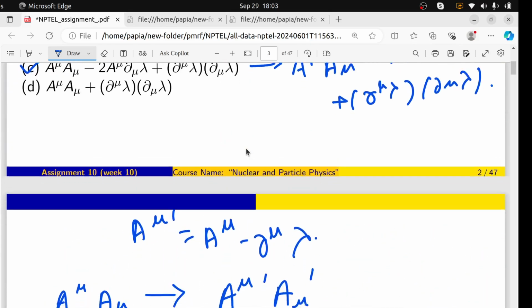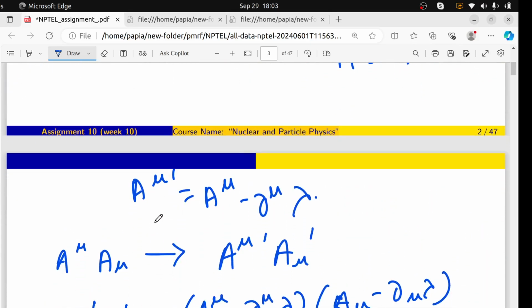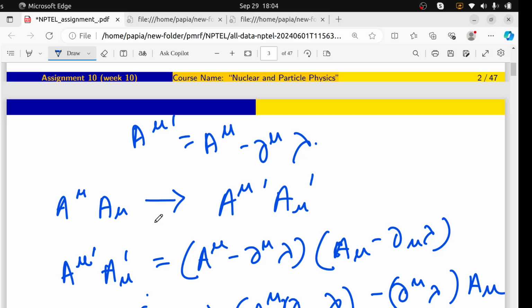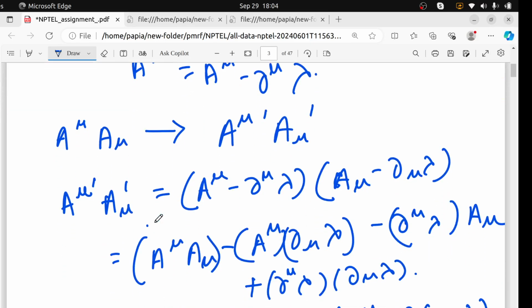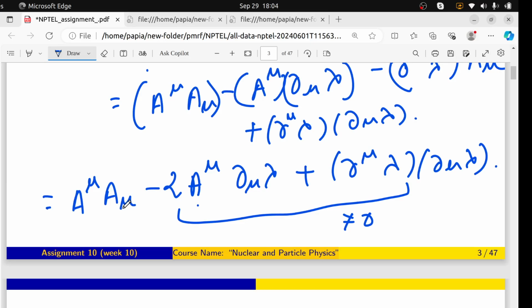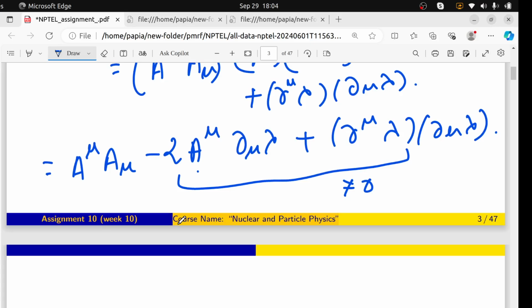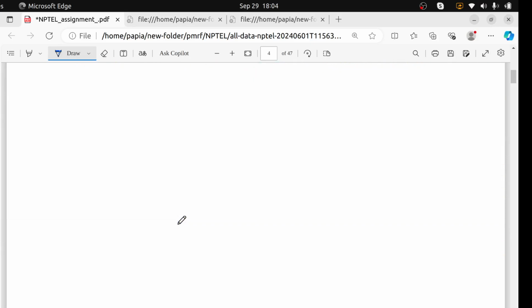Okay, it's very simple. You just need to put the gauge transformation expression into the expression they are asking about. Then you have the extra terms, and as these terms are not equal to 0, obviously it is not equal to the previous one. That's it.